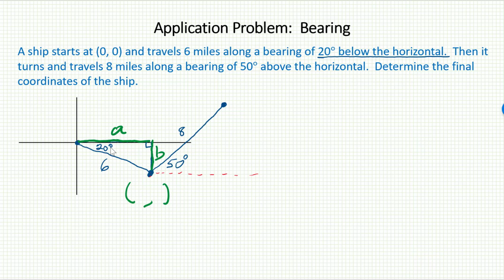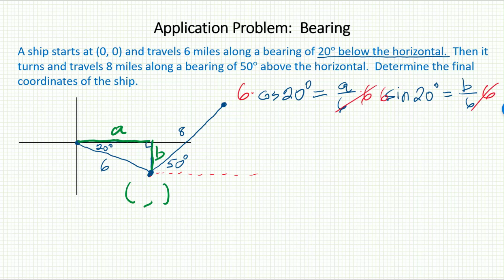The sine function would link the 20 with the opposite side and the hypotenuse. So I have cosine 20 degrees equals A over 6, and sine 20 degrees equals B over 6. We could multiply everybody by 6, and then I have expressions for A and B. A equals 6 cosine 20 degrees, and B equals 6 times sine 20 degrees.